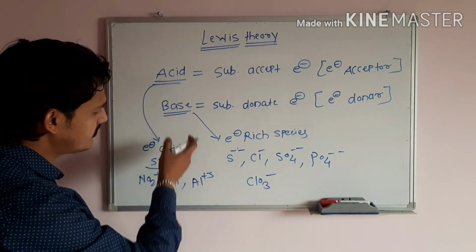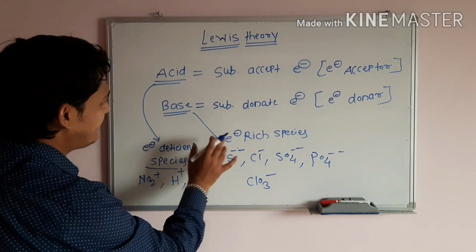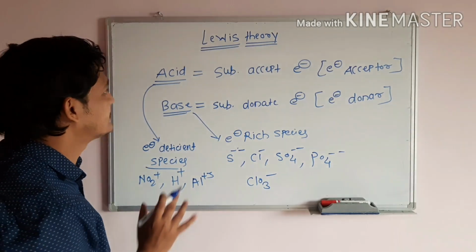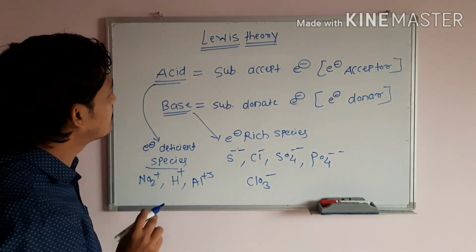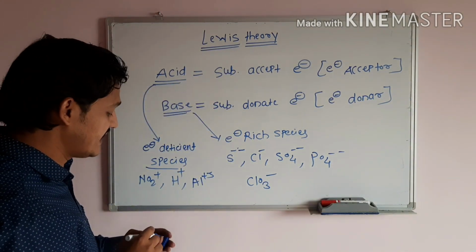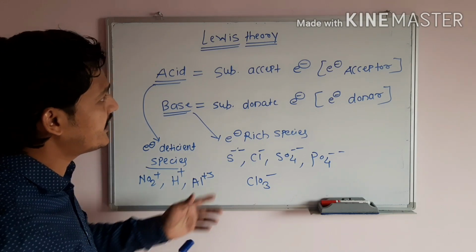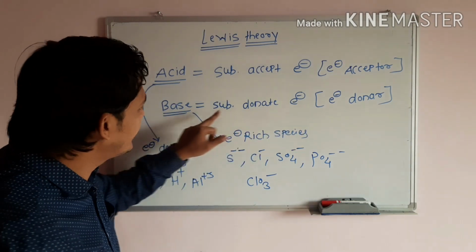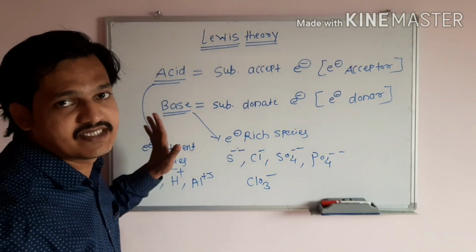You already know more examples of acids and bases, electron deficient species and electron rich species. So this is the basic concept of acids and bases. In short, an electron acceptor is called an acid, and an electron donor is called a base.